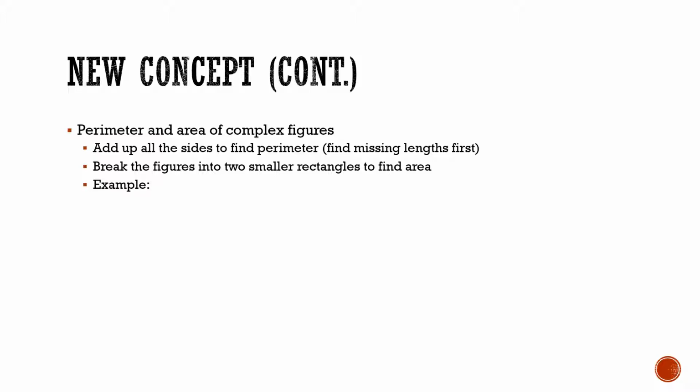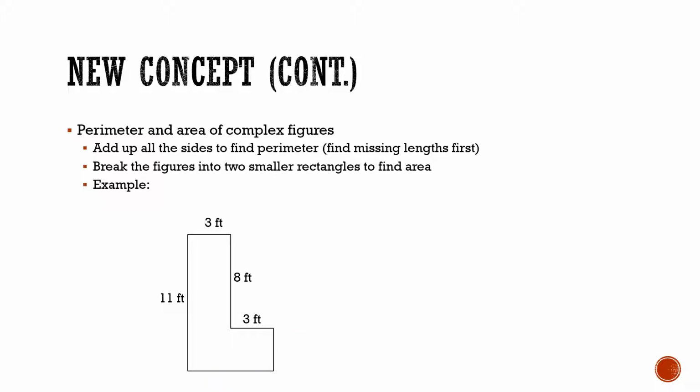So let's look at an example. Here's a complex figure. This is how a lot of them will look, kind of an L shape. But they've given us 4 of the side lengths, but there are 6 sides on this shape. So in order to find our perimeter, we're first going to have to figure out what this is and what this is.